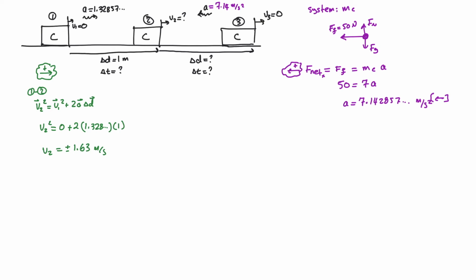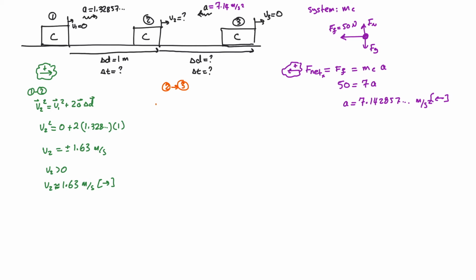I'm going to take the positive value because I know it's traveling to the right, so therefore v2 is approximately 1.63, and I'll use the exact value for my answers, meters per second to the right. For the other stage, which is 2 to 3, I'm going to use the exact same equation because I still don't have delta t.